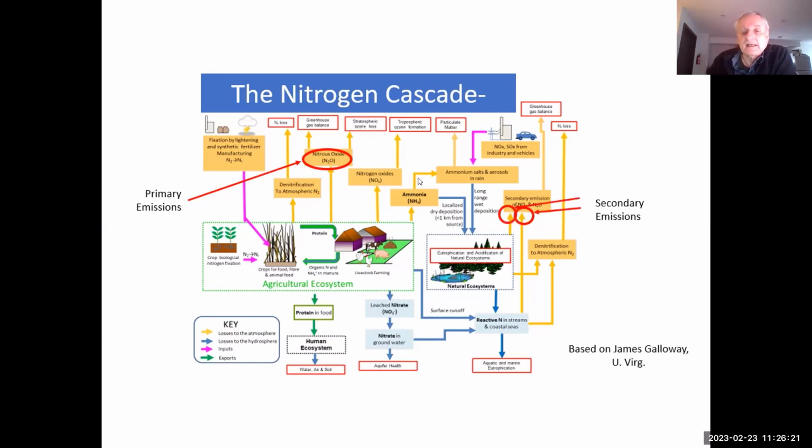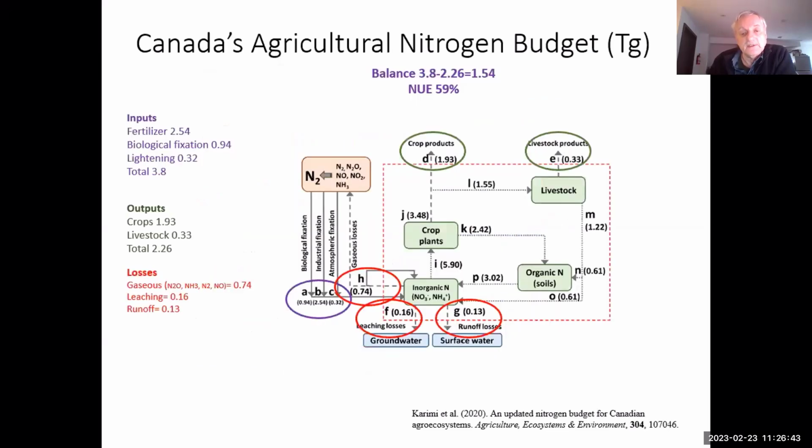But in addition to that, the nitrogen that's leaving the farm and going into the atmosphere or going into water also produces nitrous oxide, and that is called secondary emissions. So all of these have to be accounted for in terms of nitrous oxide emissions that agriculture is responsible for.